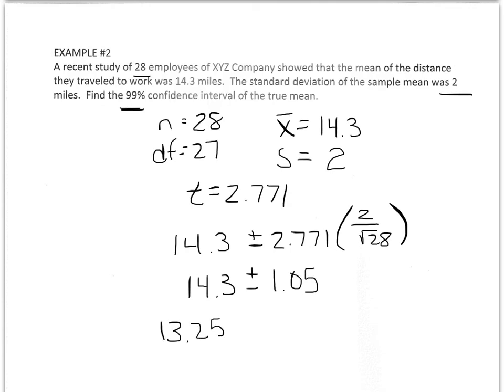So when I add and subtract it, I'm 99% confident that the true average distance that an employee travels is between 13.25 miles and 14.35 miles.